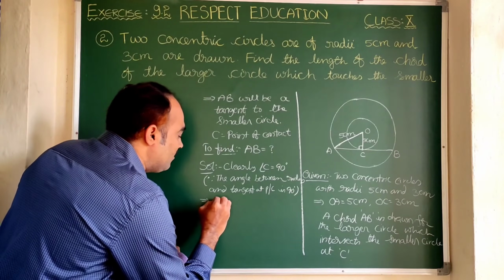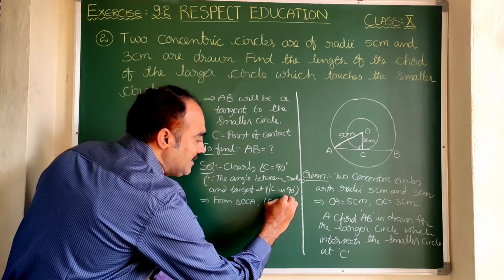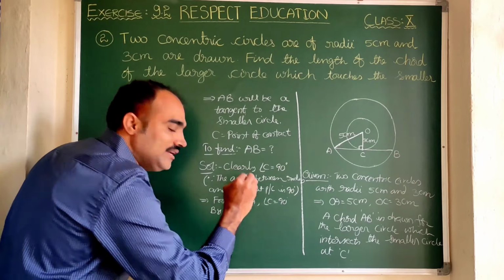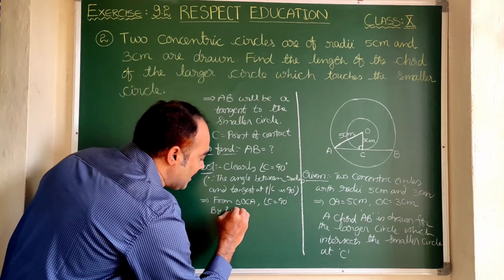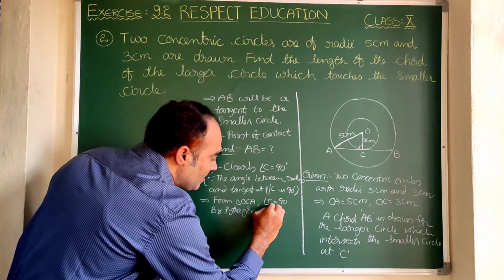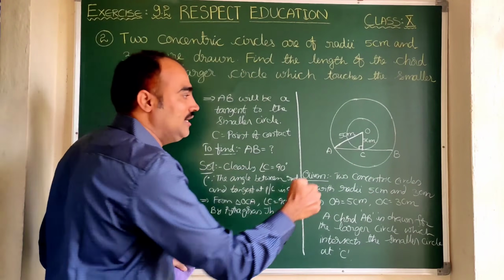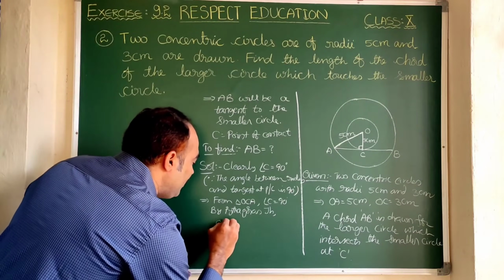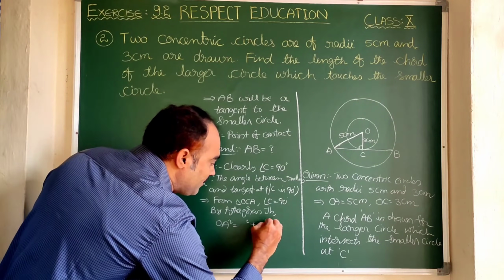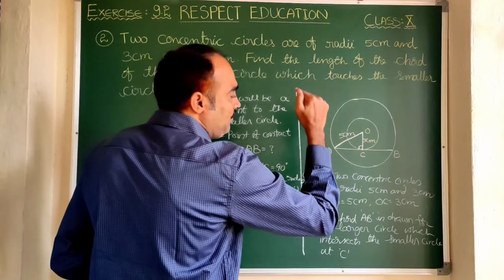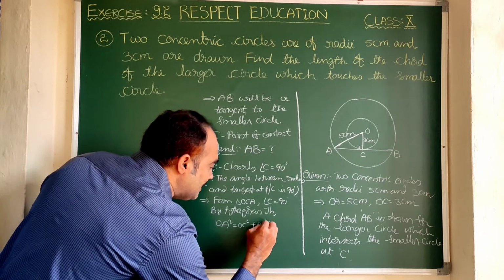So from triangle OCA, angle C is 90 degrees. So we can apply the Pythagoras theorem. Since it is a right angle triangle, the Pythagoras theorem can be applied. So by Pythagoras theorem, the square of the hypotenuse, OA square, is equal to the sum of the squares of the other two sides. If OA is the hypotenuse, the other two sides are OC and AC. So here I am writing OC square plus AC square.